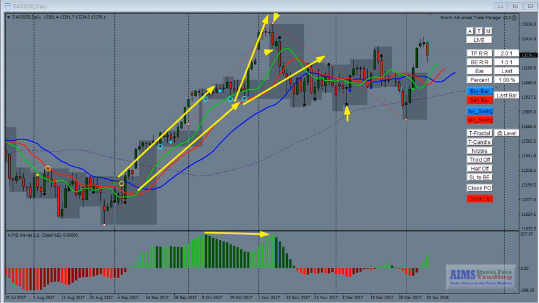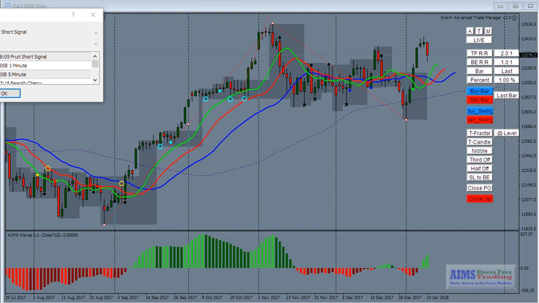Let me draw a box. So as you can see in this box, nothing significant has happened. So even though you have this apple here, it didn't really break anything to the left. It was still inside the box, so it was nothing significant. There was no angle, so you wouldn't take this.